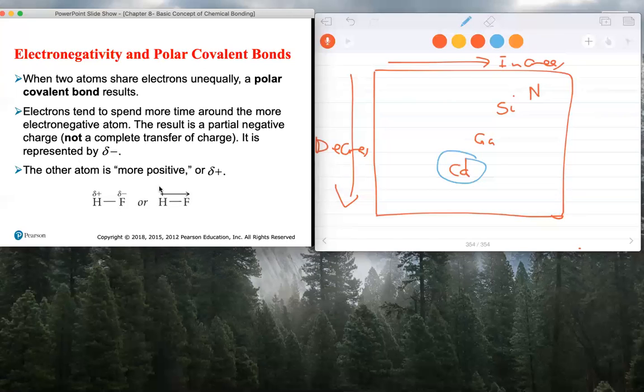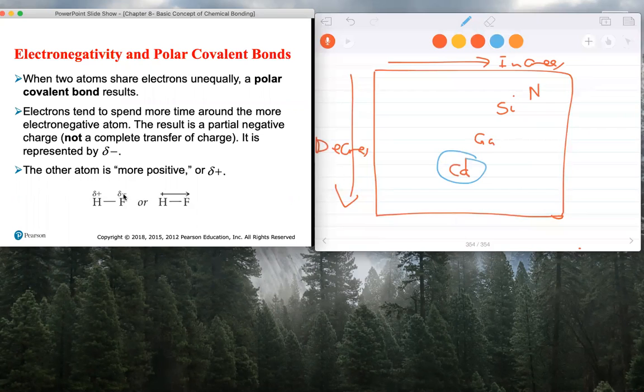The portion which is electron poor is indicated with a positive end, where the arrow indicates the region where electrons are being displaced to. Partially positive, this is a Greek symbol. Delta positive means electron poor region of the molecule.